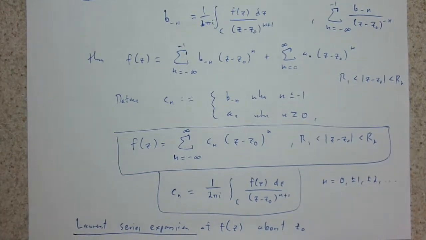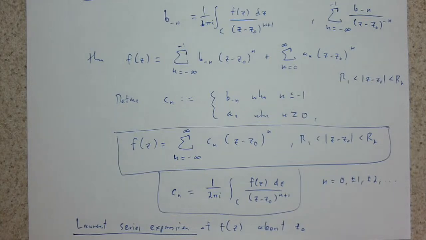And so, ultimately, what is the point here? The point is that while we couldn't write a Taylor series or a Maclaurin series expansion for the types of functions we're interested in about a particular point, for instance that last example we did, we couldn't come up with a power series expansion for the function around 0.